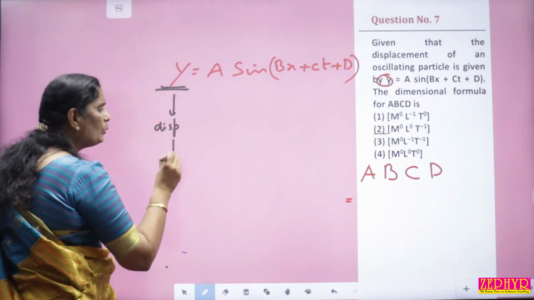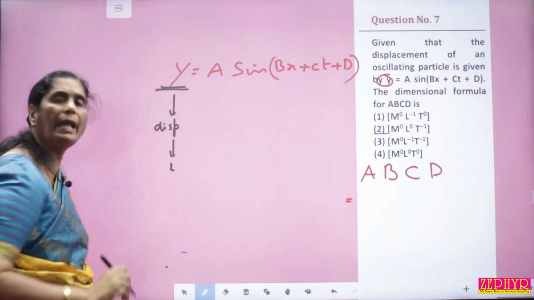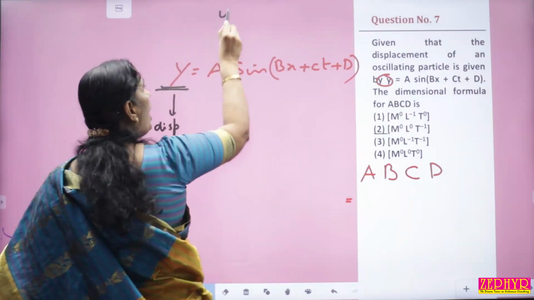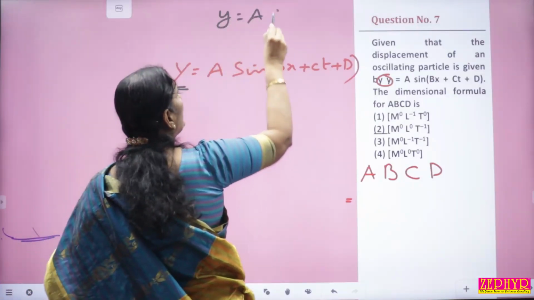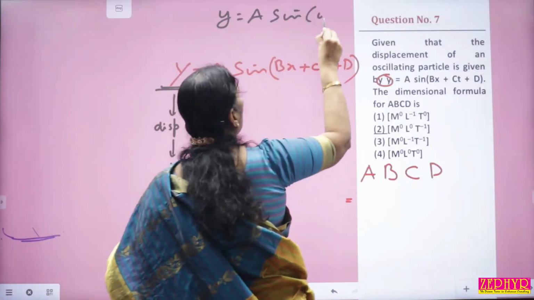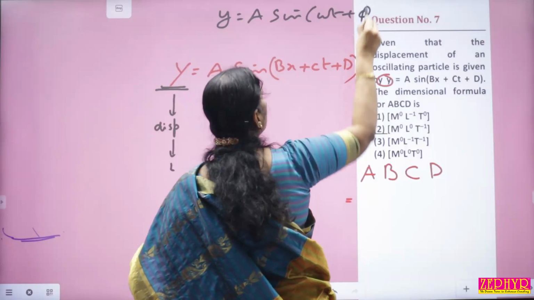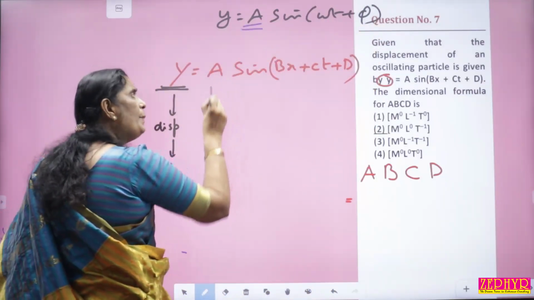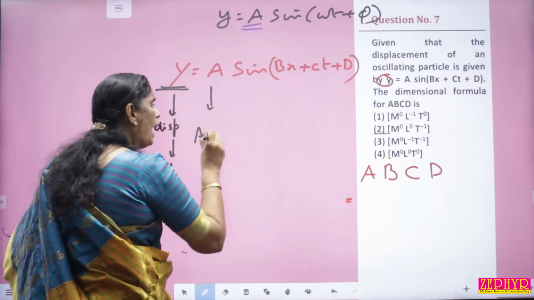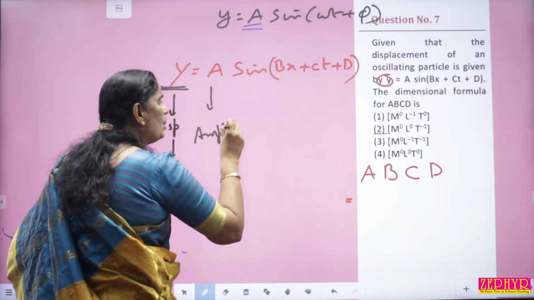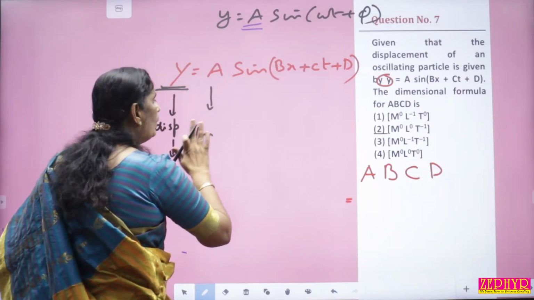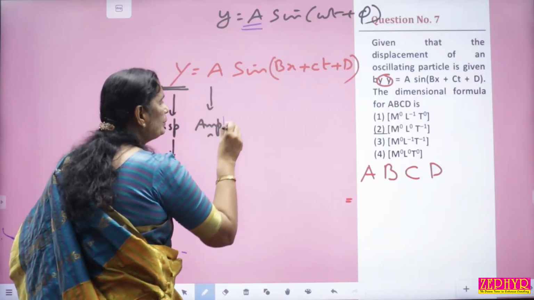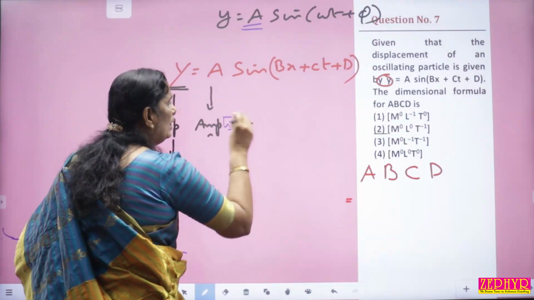So what is the dimension of displacement? L. And in the formula y is equal to a sine omega t plus phi, what does a stand for?